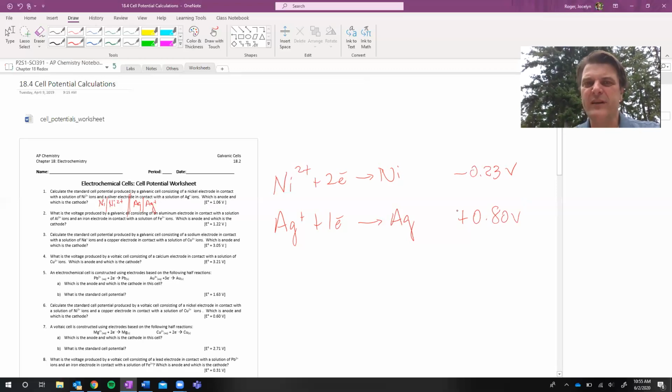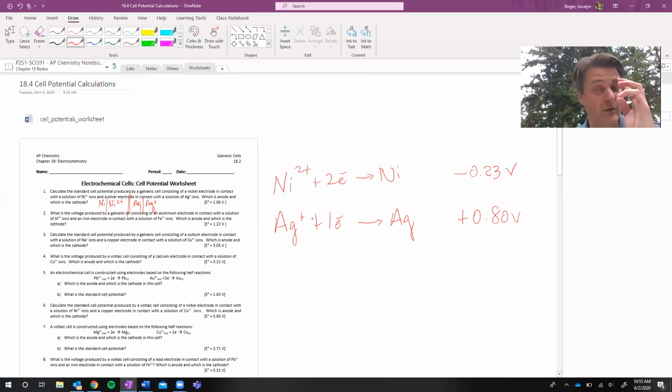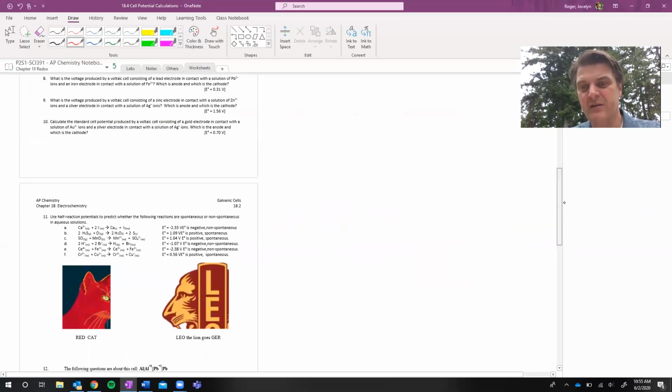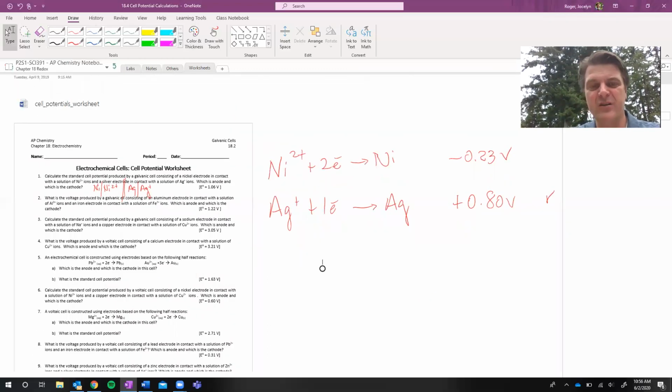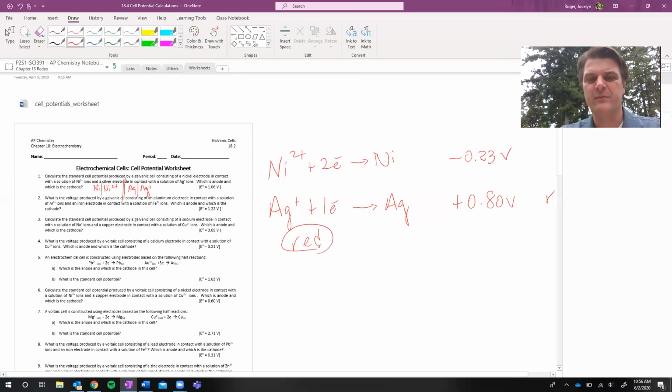So we always want the galvanic cell to have a positive overall output, which means that the silver half has to stay the way it is. It has to be the reduction. Remember, gain electron, reduction. So the silver+ is gaining an electron. So this is the reduction.